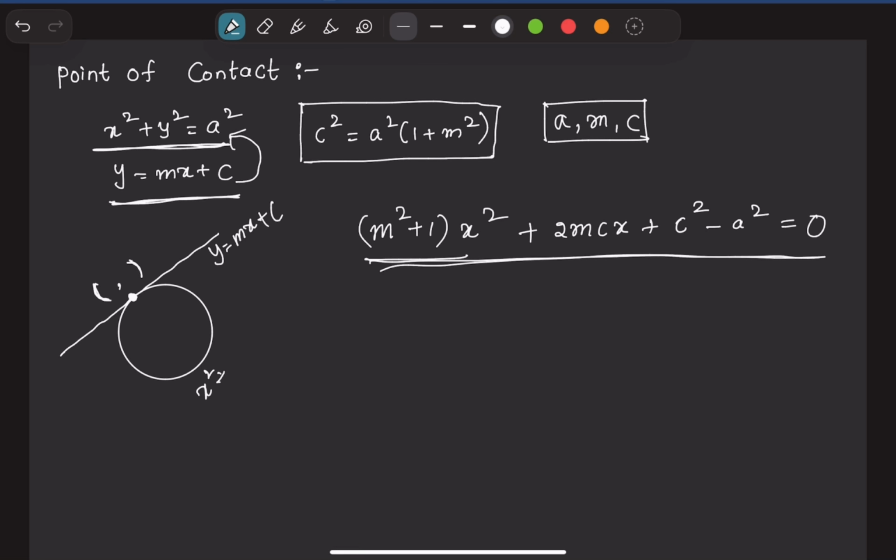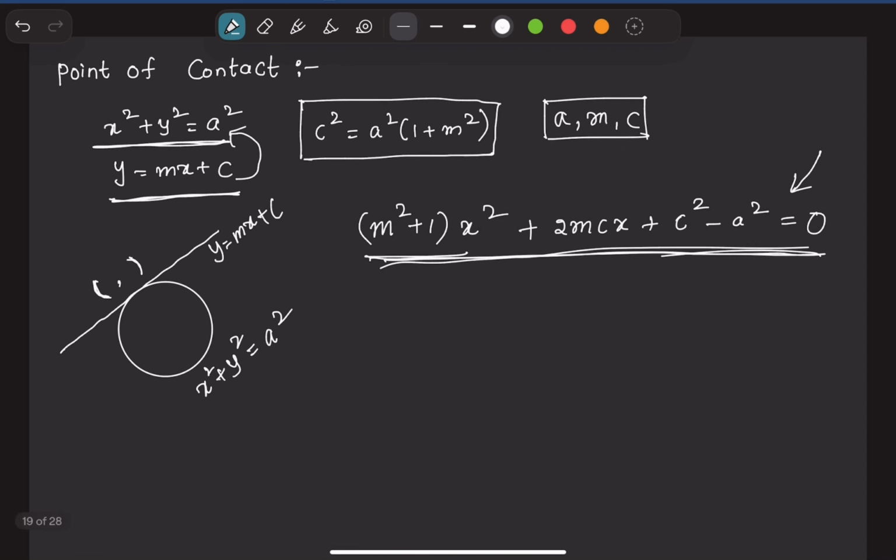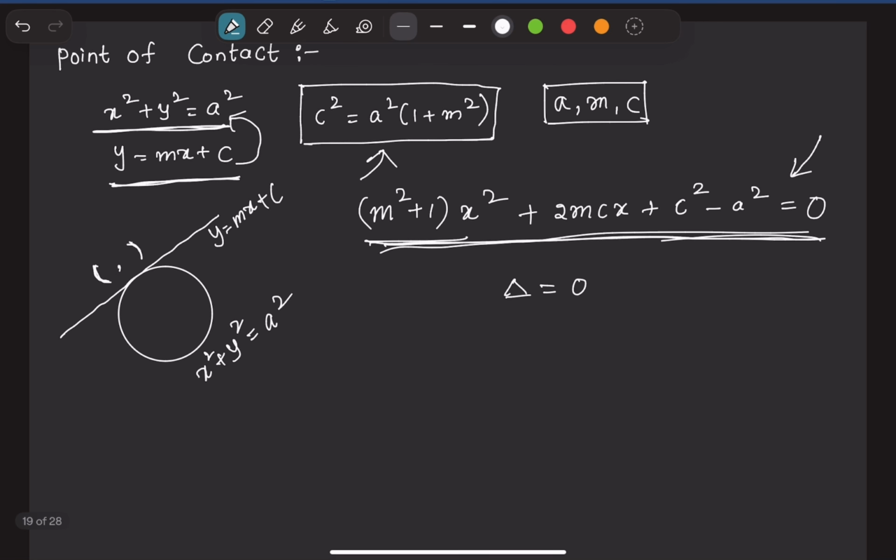So this is your circle x square plus y square is equal to a square. We have already discussed that since there is only one point of intersection, this quadratic equation should have a double root. So it means that the discriminant of the quadratic equation is 0, and that is how we got this particular condition. Now just plug this condition into this equation.